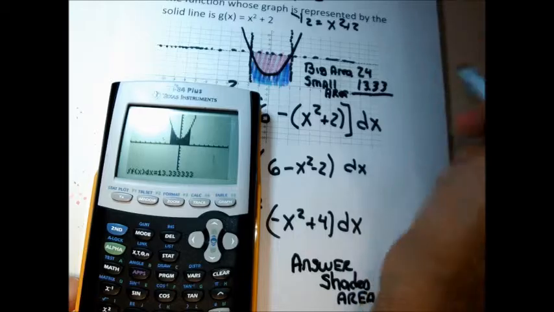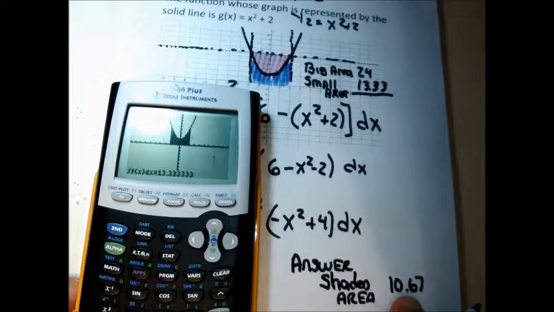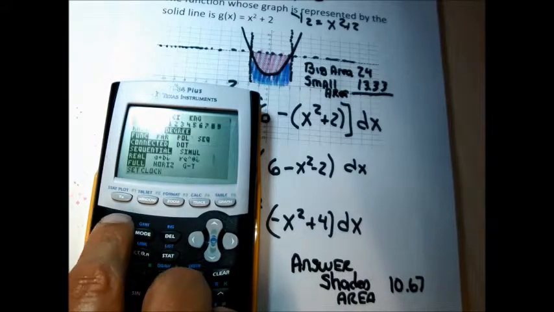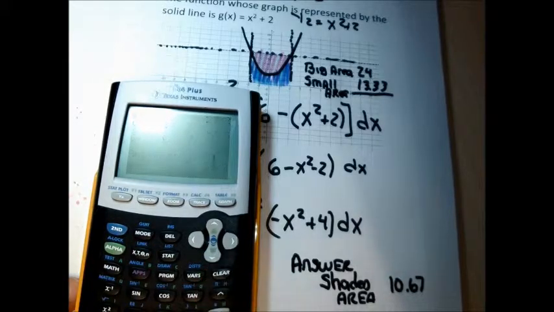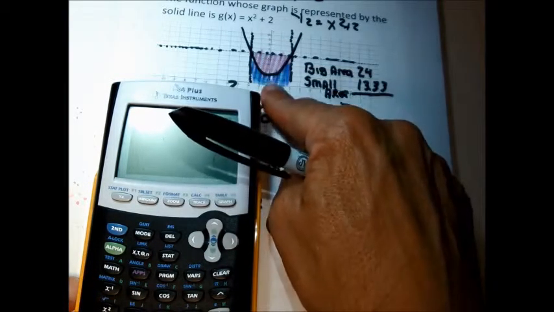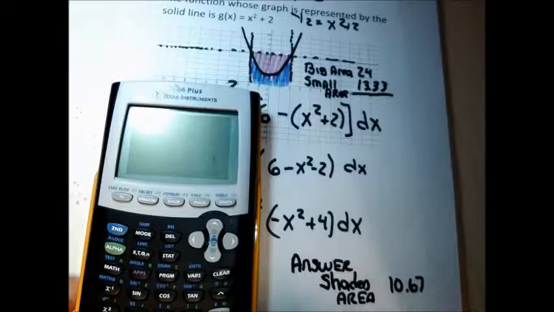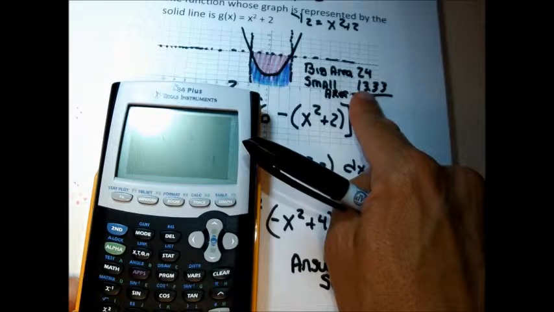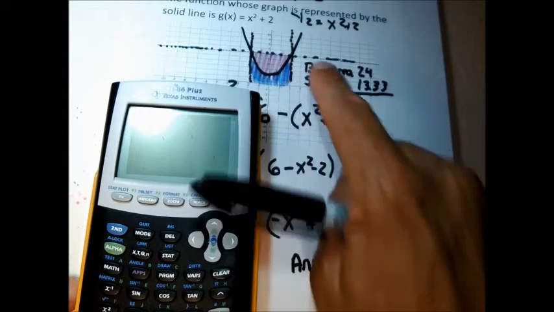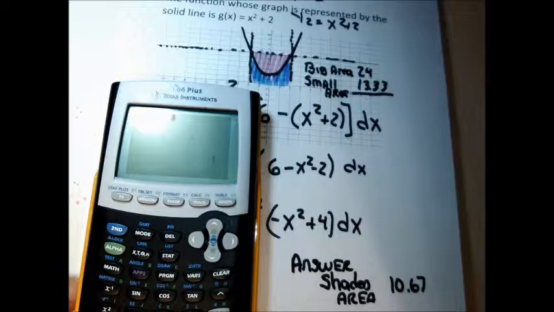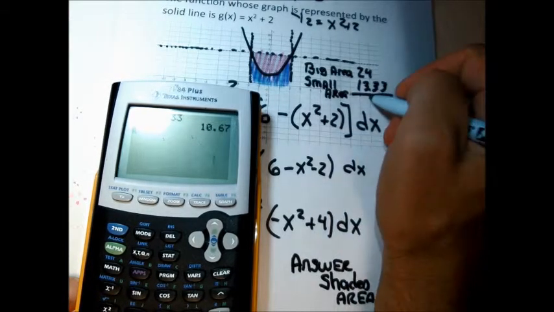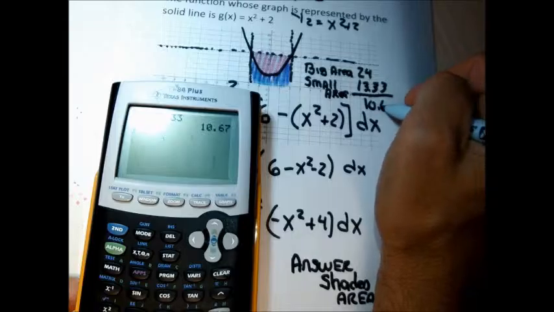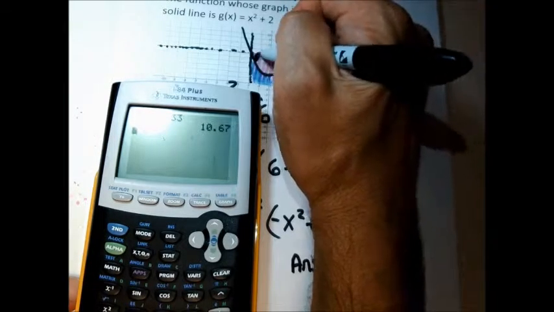If I subtract those two areas, I'm going to get the 10.67. So if I go to my main screen now and go 24, the area underneath the y equal to 6, minus the area underneath the parabola x squared plus 2, I get the shaded area, or I get the area that I'm trying to find, the area that was initially shaded, which is that area.